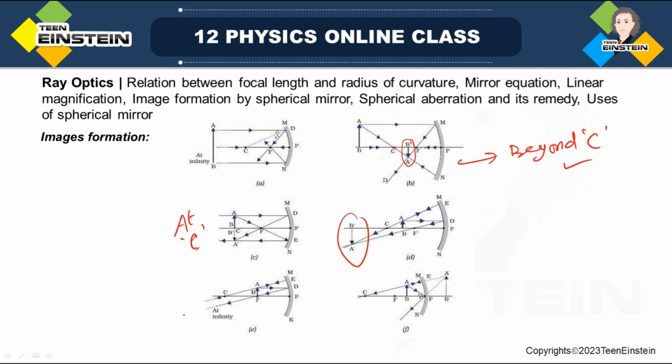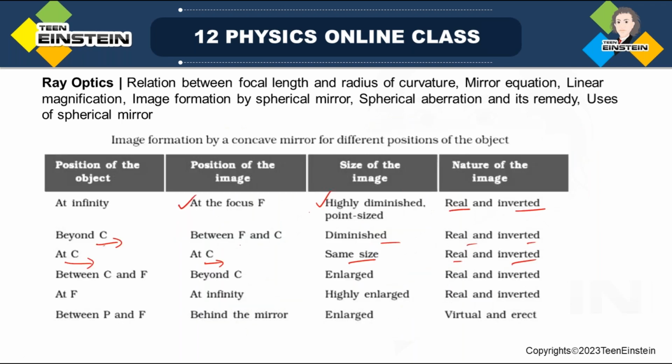Okay, but only one position, when we keep the object between P and F, the image will be behind the mirror. Behind the mirror.